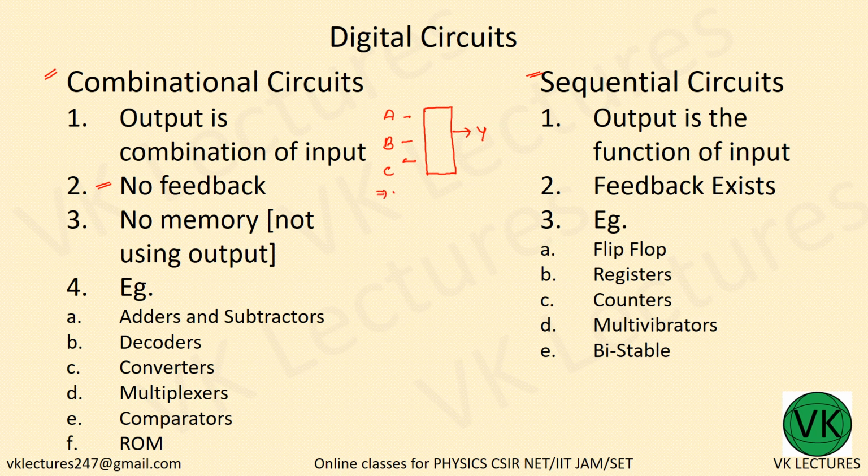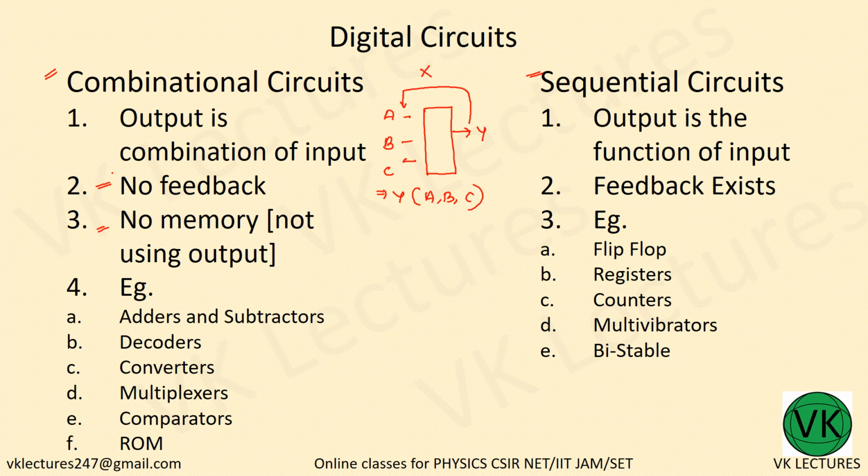We know that Y will be a function of A, B and C, and the output Y will not go to the input. That is called no feedback. There is no feedback to the input side of this circuit. Another is no memory effect.